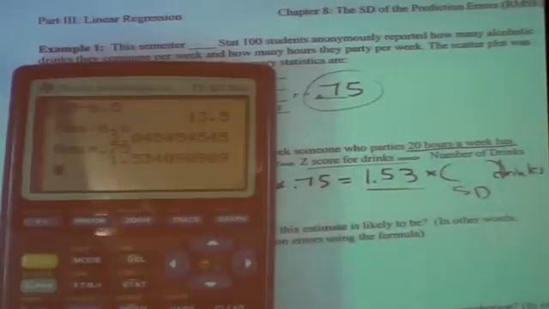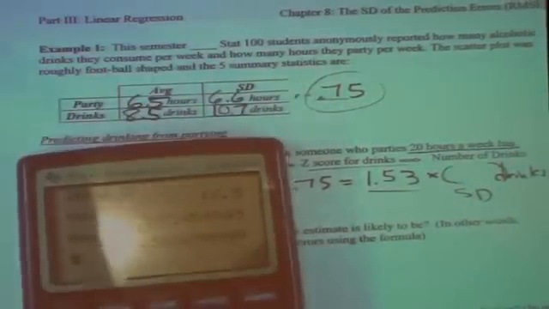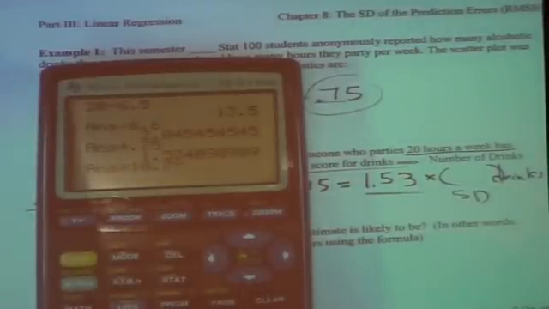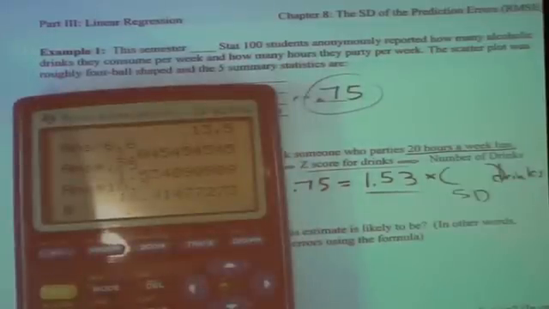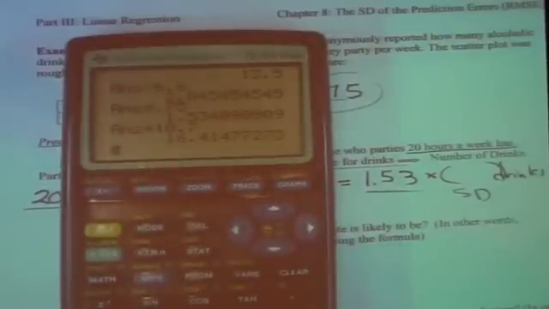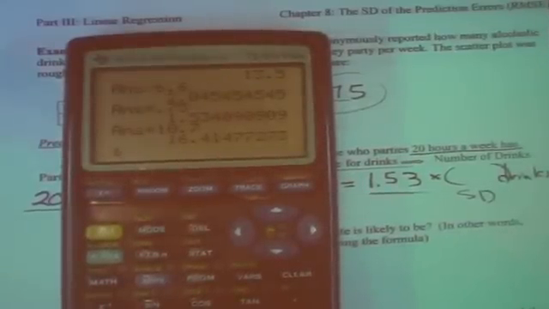So what's the standard deviation for drinks? Look at it. What is it? So you multiply by 10.7, and what's this number tell you? This number, 16.41, tells you that this person is 16.41 drinks above the average. Now we're at drinks. That's how many more than the average person that they're drinking.